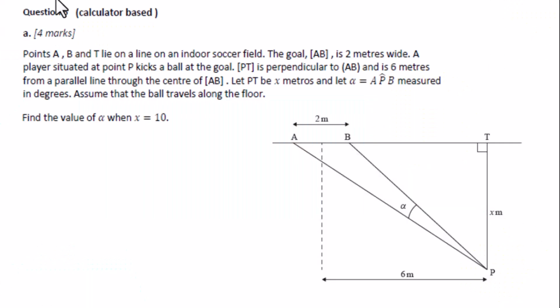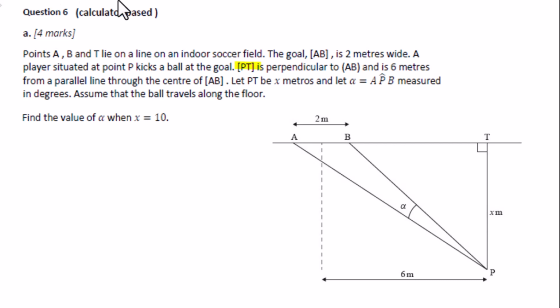Question 6, calculator based. Points A, B, and T lie on a line on an indoor soccer field. The goal AB is 2 meters wide. A player situated at point P kicks a ball at the goal.